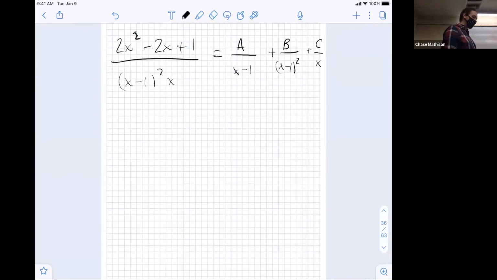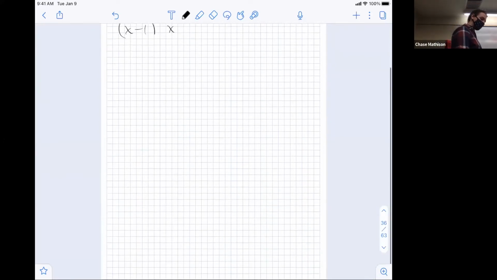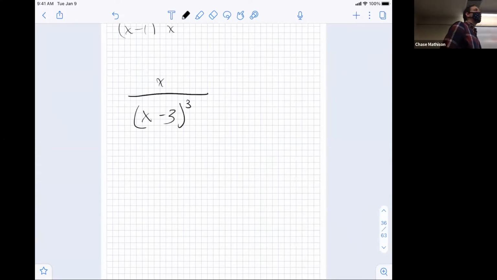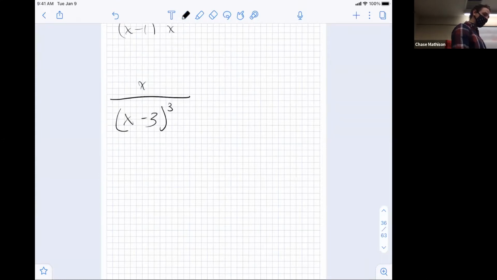If you have a repeated linear factor, let's say we had x over x minus 3 cubed, and I wanted to write that as a partial fraction decomposition. Well, you have to do this every time that linear factor repeats.